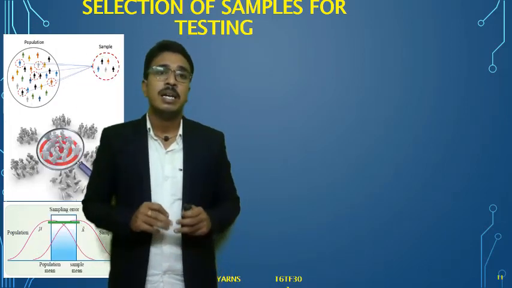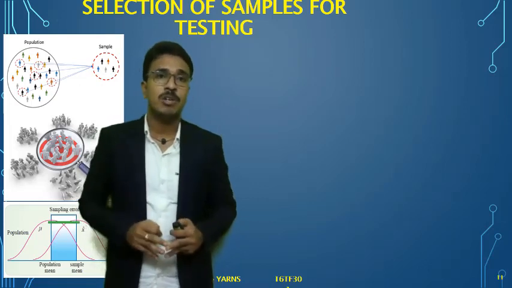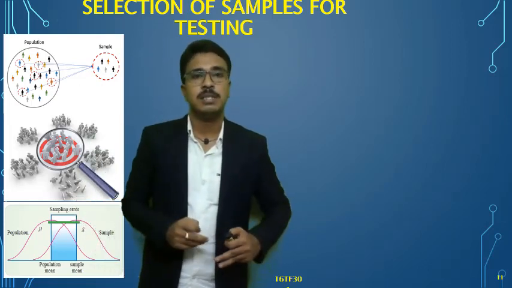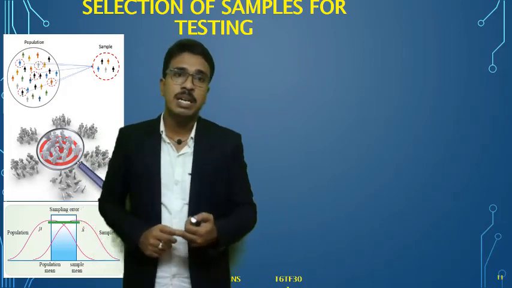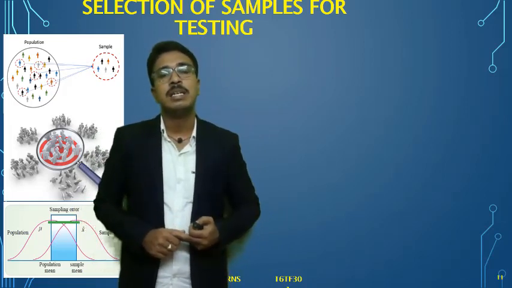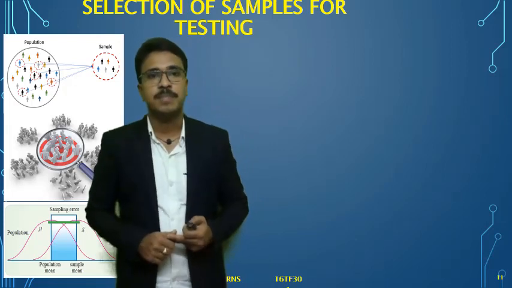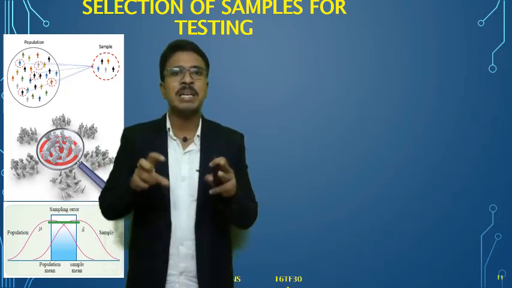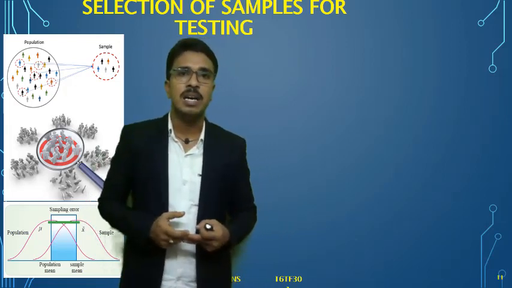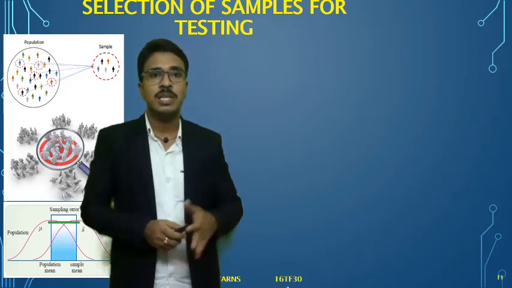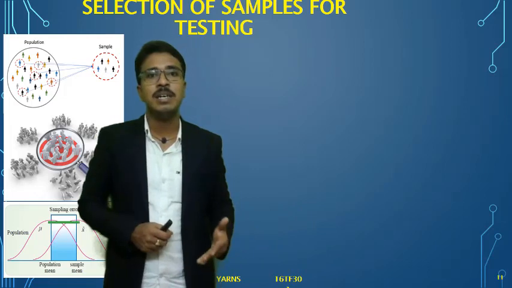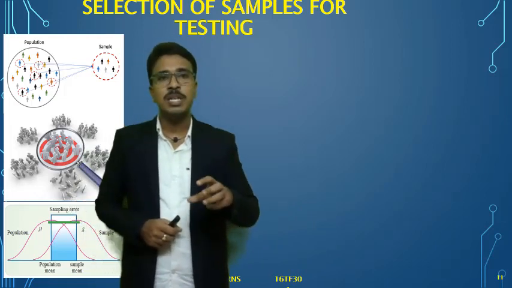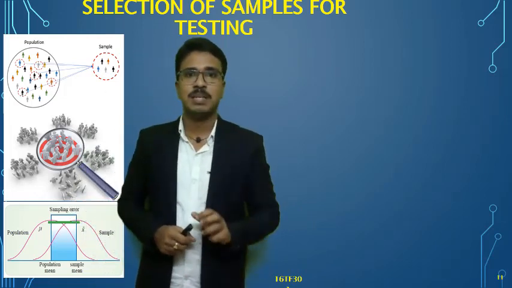Okay, the next topic we are going to discuss in today's class is selection of samples for testing. From the name itself you can easily understand how to select. In the previous slides we saw how to determine the size, that means the number.